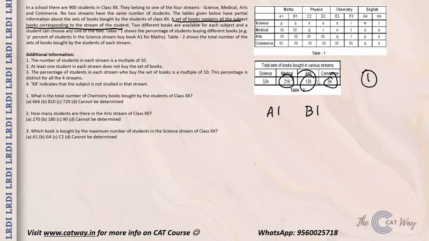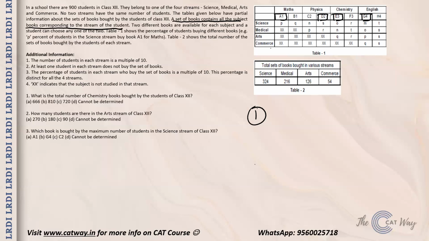Okay, chalo. So now, also guys, one guy is going to buy a book. Let's say he buys A1, D2, then he buys E3 and then he buys G4. So he has bought one set, right?